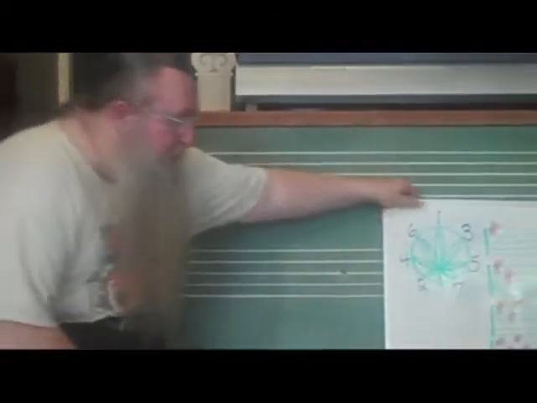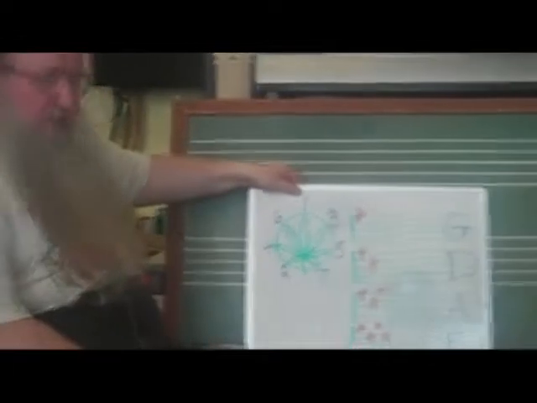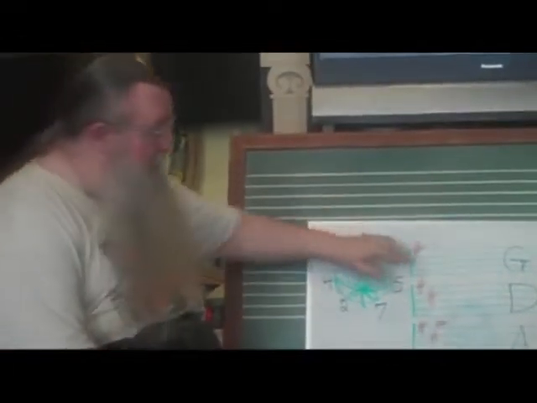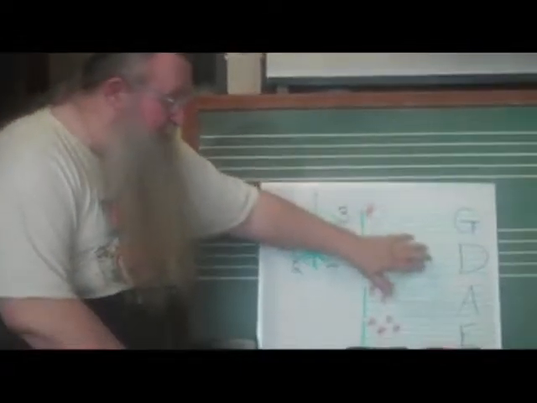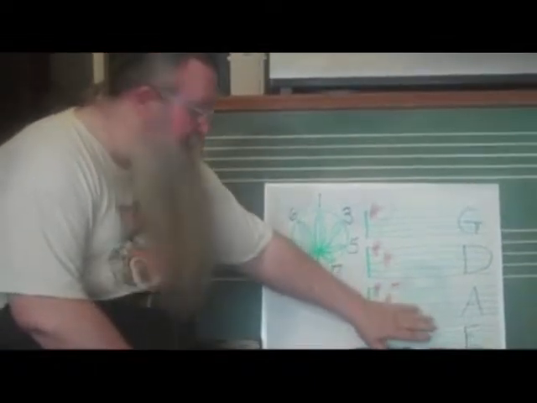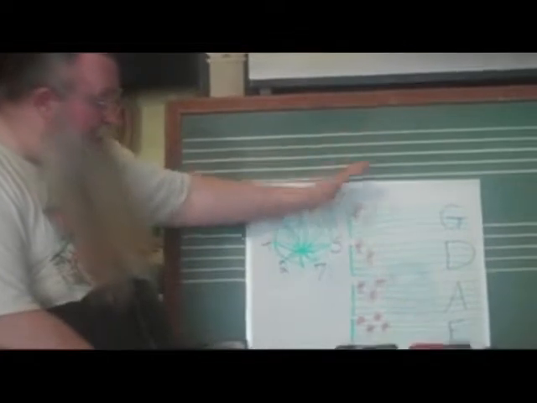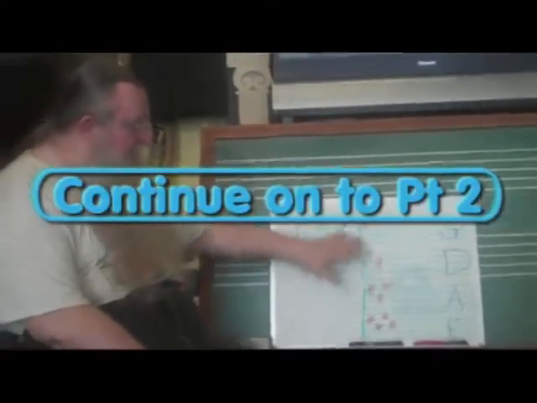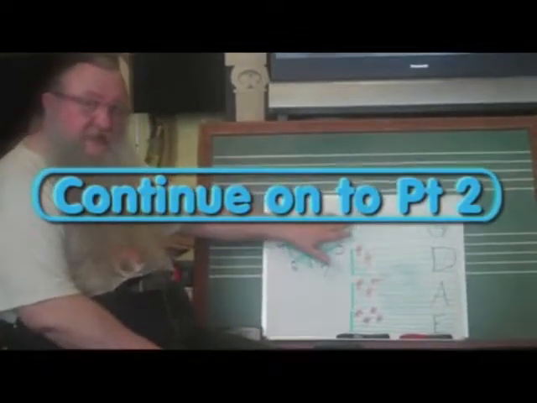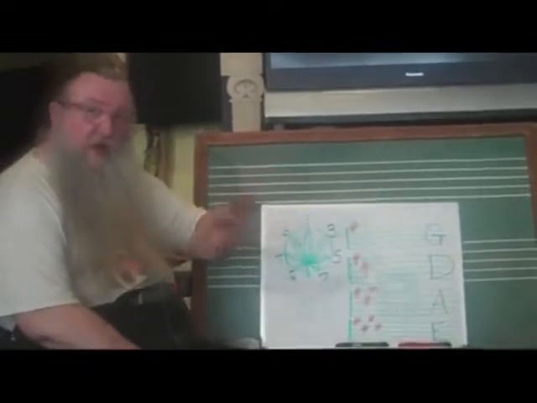Well, first we're going to start with the keys that are the most popular for the guitar, which are the key of G, D, A, and E. These are the most popular keys played on the guitar. And all of them have one thing in common: they all use sharps in their key signature to show us where the number 1 is.